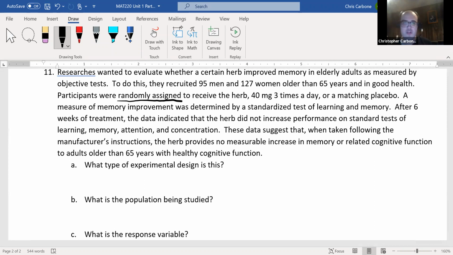No attempt was made to separate them into any groupings beforehand. They were just randomly assigned the herb or the placebo. So because of this, it's a completely randomized design.